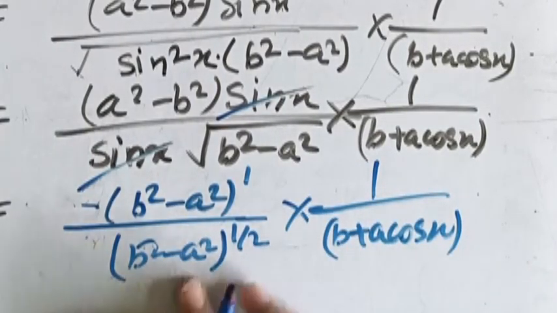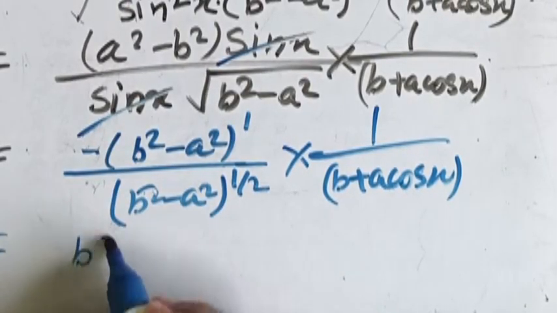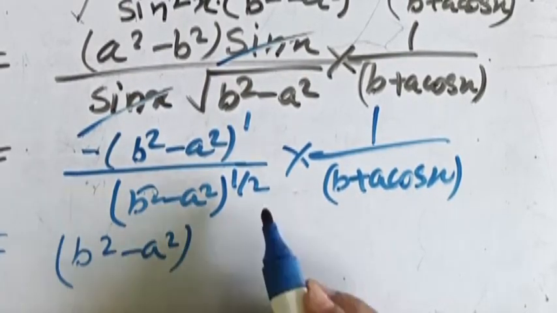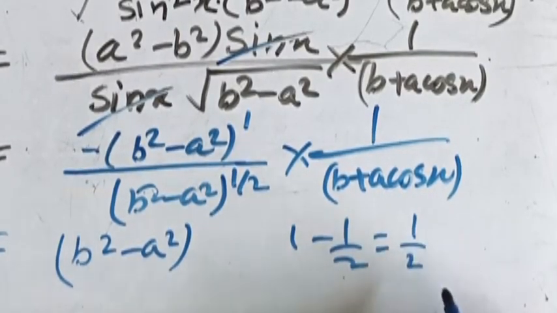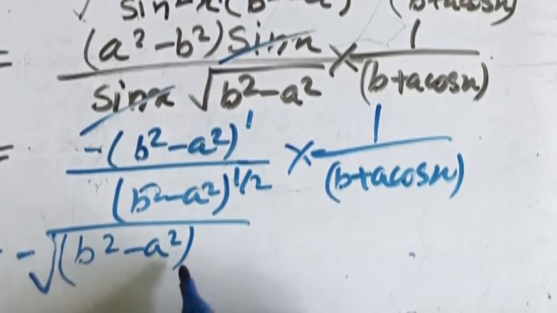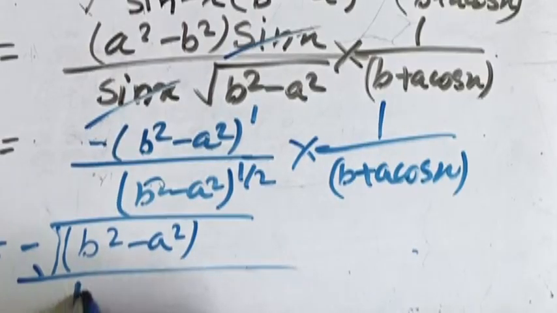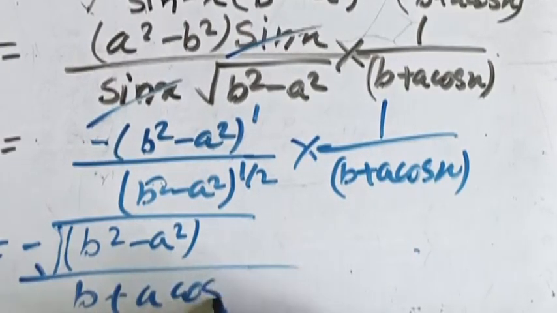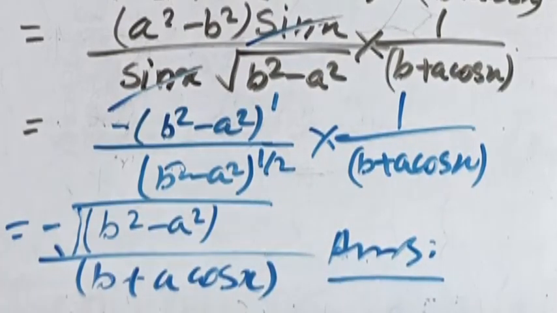So this will be cancelled, because the base is the same, so you can write b square minus a square to the power 1 minus 1 by 2, that is 1 by 2, right? And 1 by 2 can be written as root under b square minus a square with sign minus upon b plus a cos x. So this is your correct answer, and I hope you understand it properly.